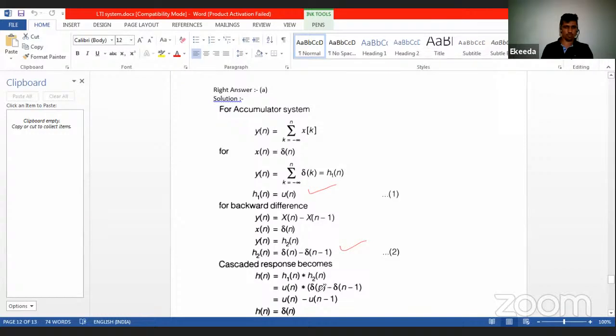You just have to put that shift in that signal. This is basically the convolution property: x(n) convolved with del(n plus alpha) will be equal to x(n plus alpha). This n is replaced by n plus alpha, and the signal nature will be the same.